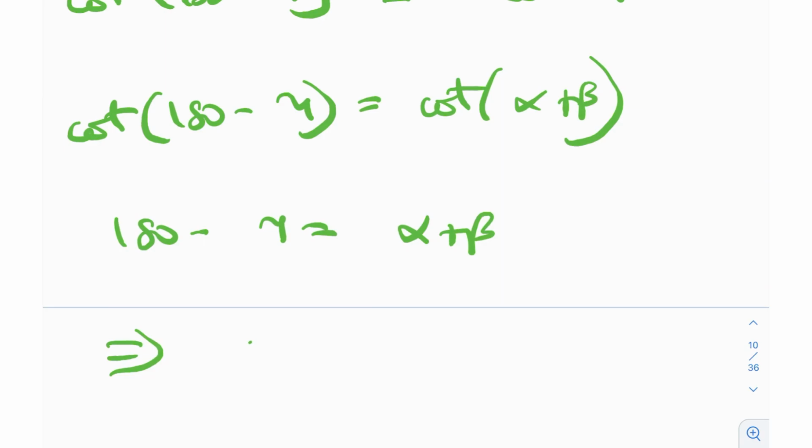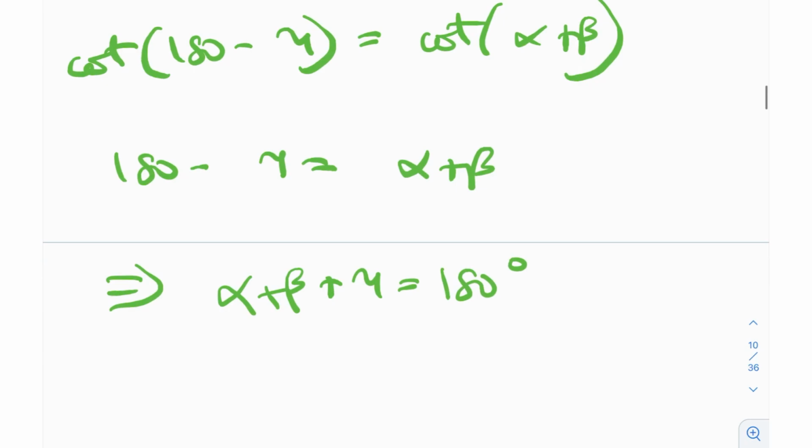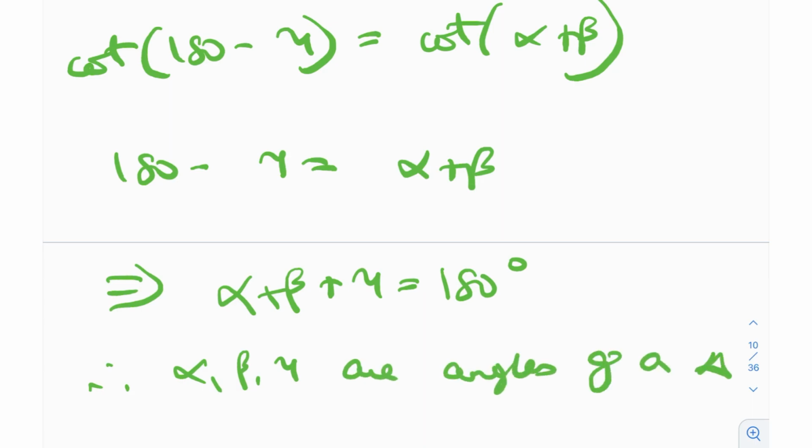That implies that alpha plus beta plus gamma is 180 degrees. Remember, alpha, beta and gamma were angles, so obviously they sum up to 180 degrees as we have proved here. Therefore alpha, beta, gamma are angles of a triangle.